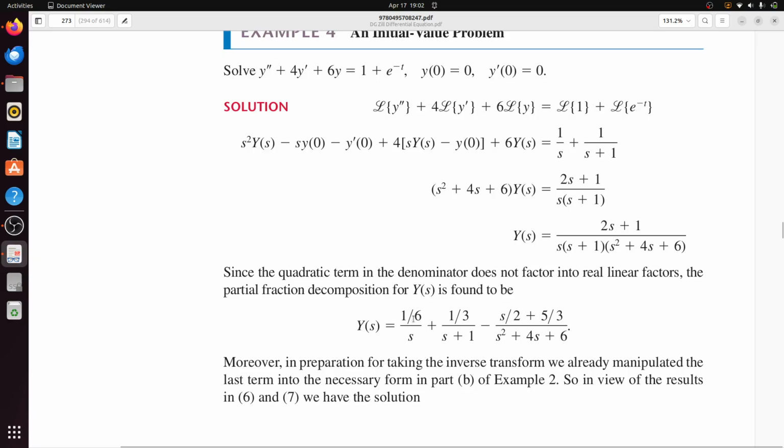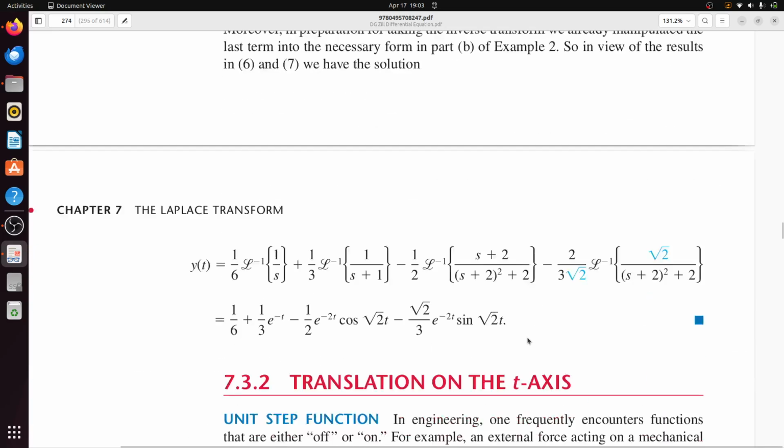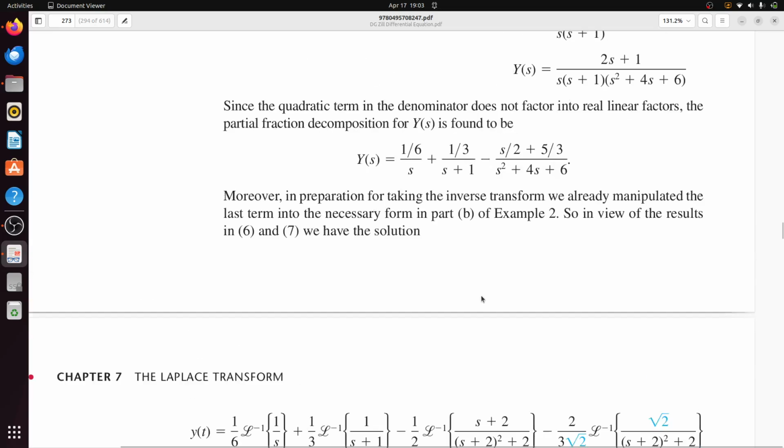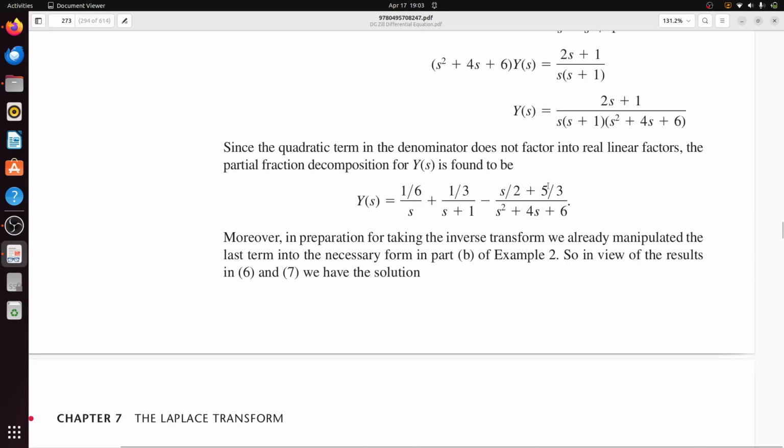So from here you will get 1 by 6, from here you will get 1 by 3 into e power t, and from here you will get the inverse Laplace transformation as minus half e power minus 2t into cos square root 2t, minus 2 square root 2 by 3 into e power minus 2t into sin square root 2t, because we have already determined the inverse Laplace transformation of this function.